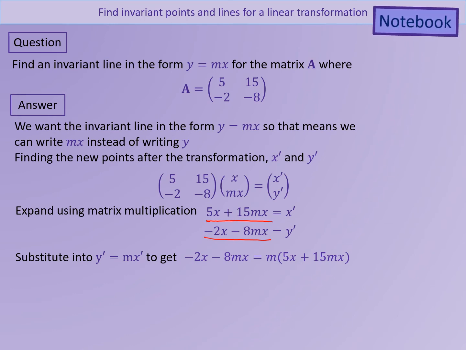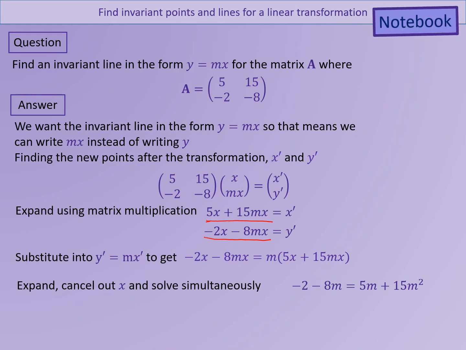We can multiply all of that out, and then every term is going to have x's in. So in this question, after multiplying it out, we can also cancel out the x terms. That's going to leave us with -2 -8m equals 5m plus 15m squared. Take that over to one side, which gives us a quadratic.